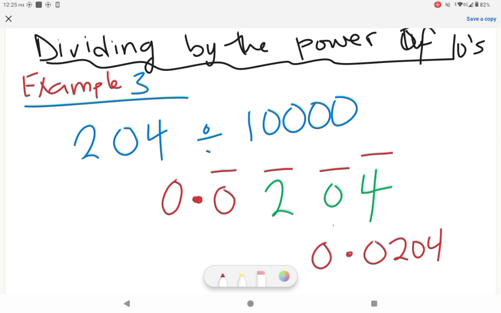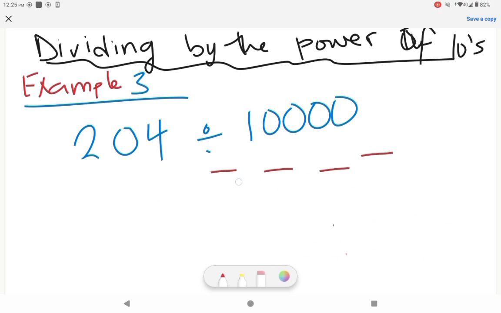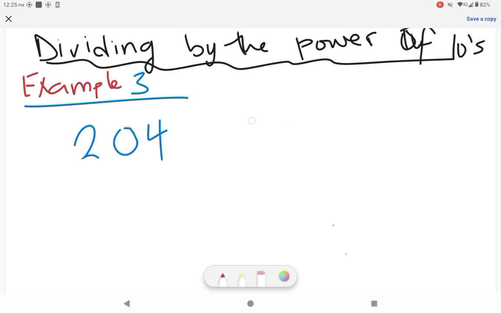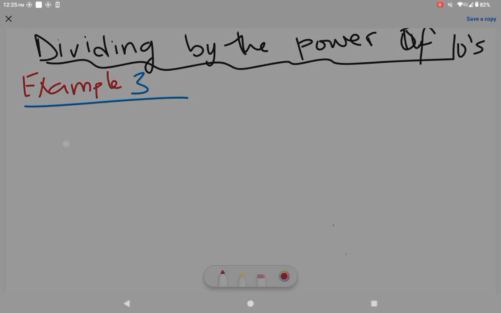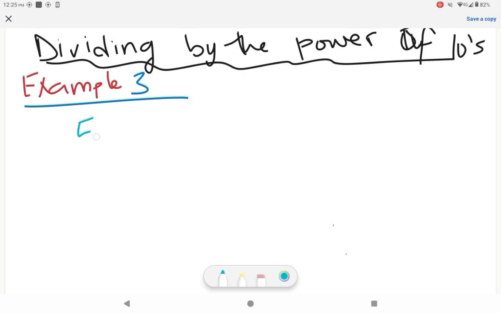Okay, another example. 542 divided by 100,000. 100,000 has five zeros.